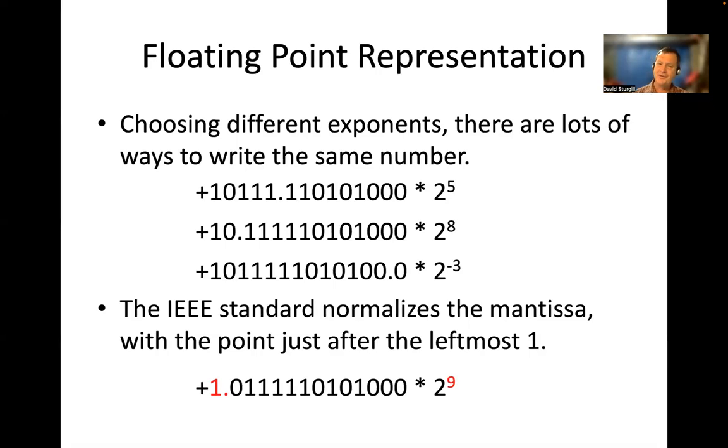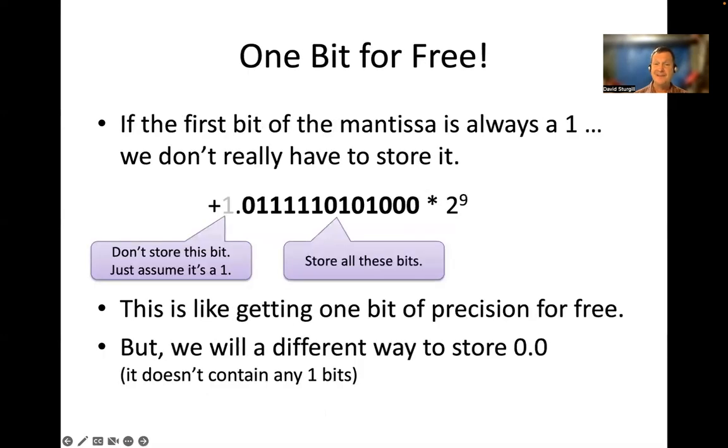So again, we'll always normalize the mantissa. So there's 1 non-zero bit, a 1 just to the left of the decimal point. And if we do that, we can use one trick that all of these formats use: if that bit is always going to be a 1, we don't really need to store it. We could save a little bit of memory by not storing that 1.